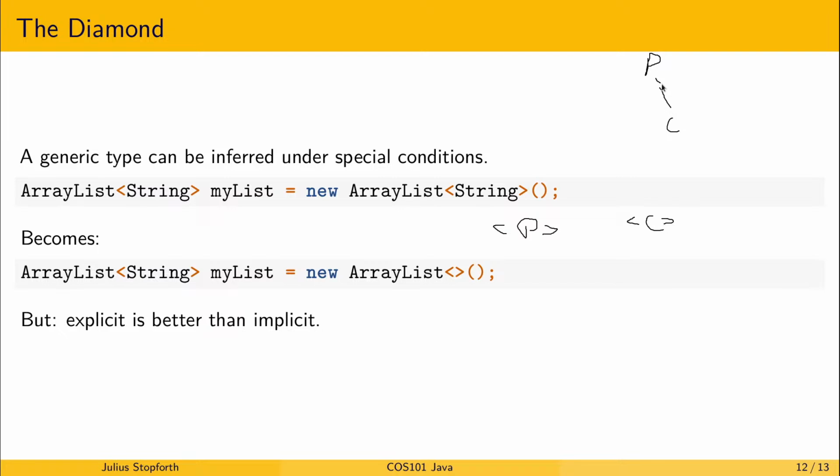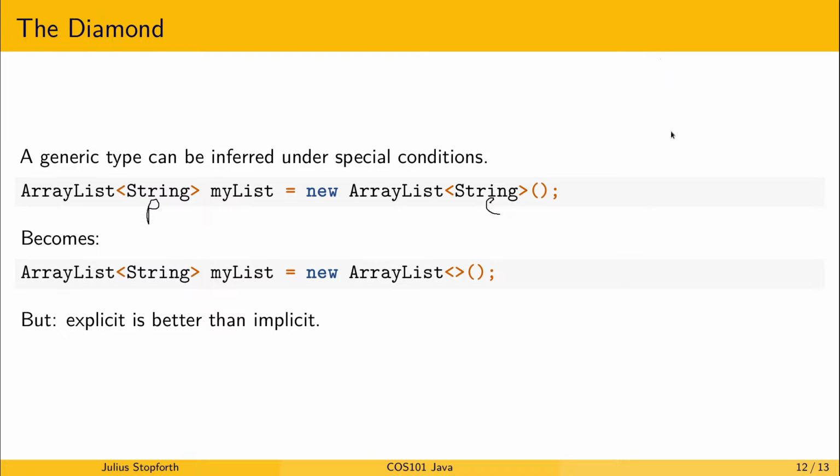Because a child is a type of parent, we can do that. So we can have this be the parent class and this be the child class, and that will work just fine. That's a special case where we would want to do that.